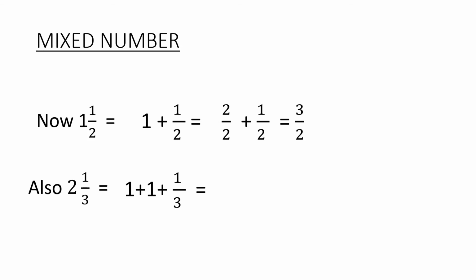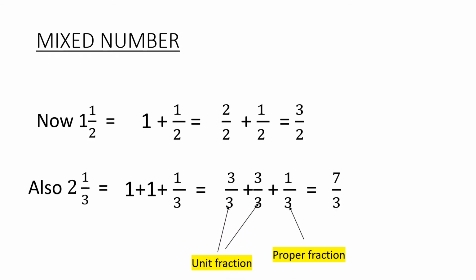So for the whole number, it will be 3 over 3 plus 3 over 3 plus 1/3 gives us 7/3. As we know, if the denominators are the same, we just simply add the numerators and keep the denominator.